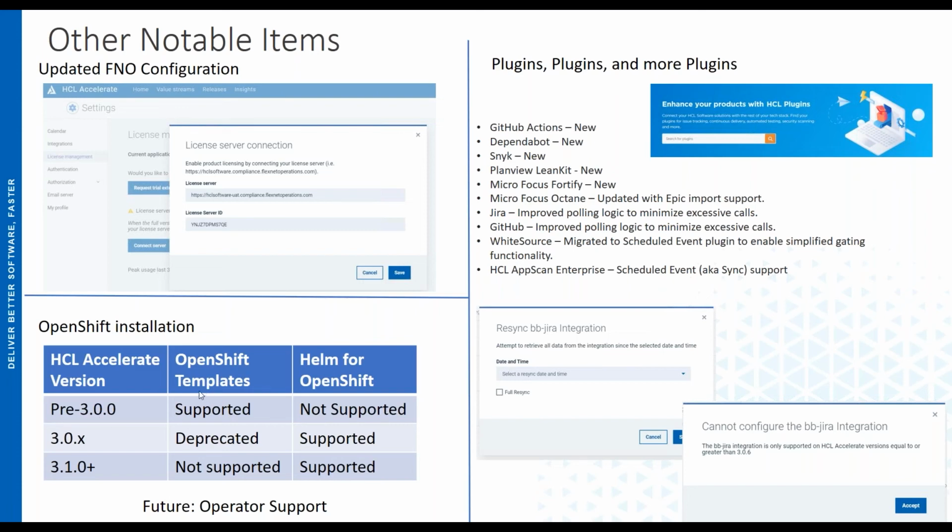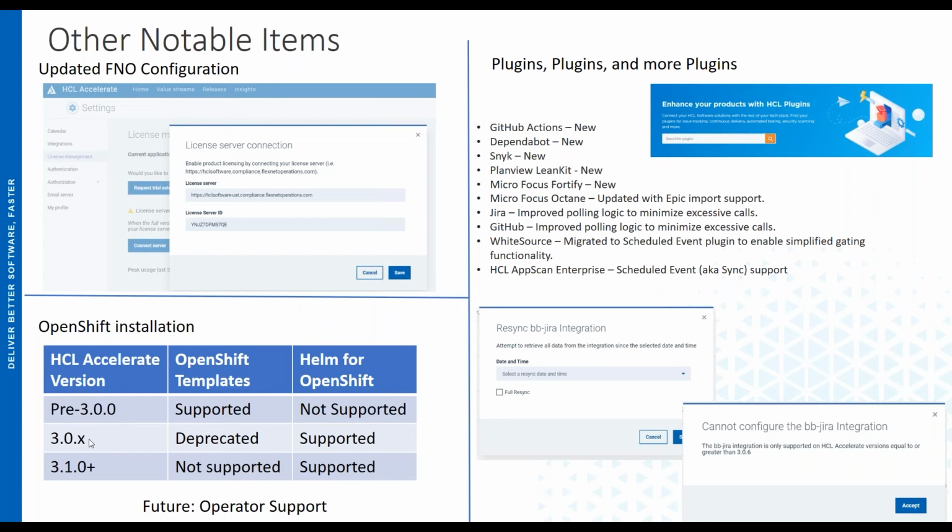If you went through our installer, you would have seen OpenShift templates as an option. To help conform to standards and minimize some tech debt, we've opted for shifting to a Helm path for OpenShift. So in the 3.0 fix pack versions, you'll start to see a Helm option being supported for OpenShift.